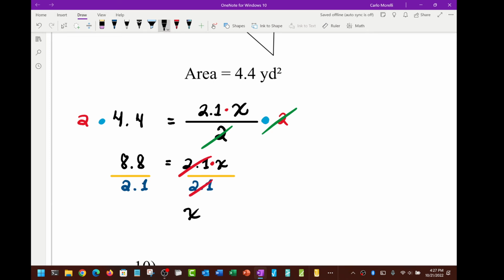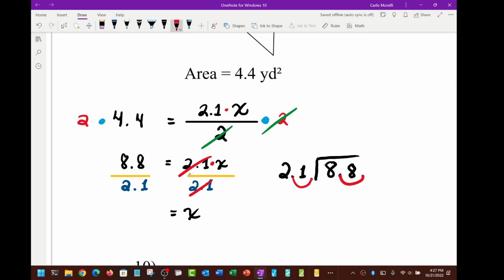We'll have x equals, and then here we go again. So now we're back to where we were. We're going to say 8.8 divided by 2.1. And we're going to move that decimal.